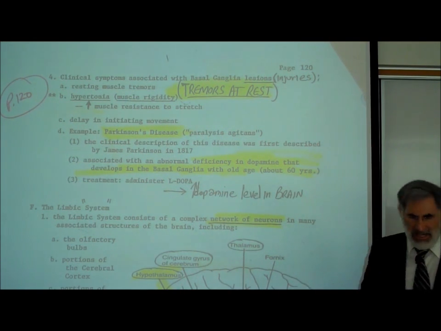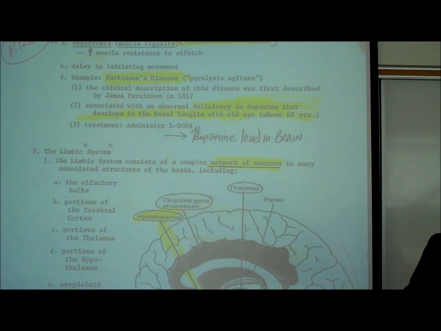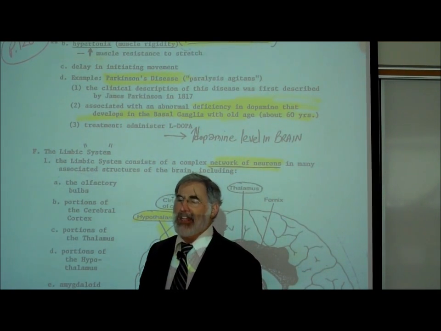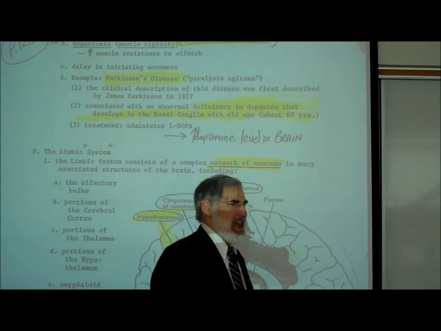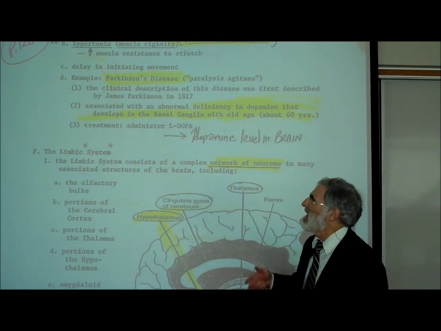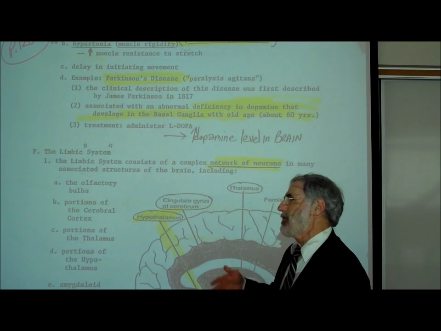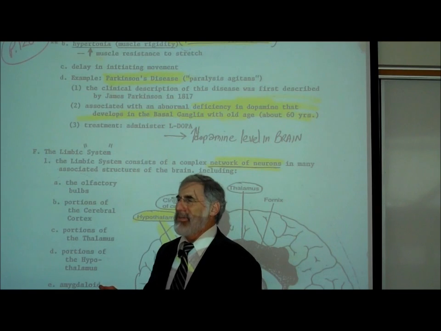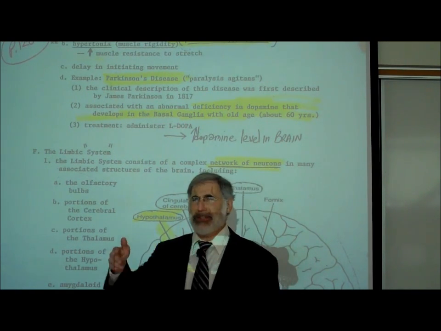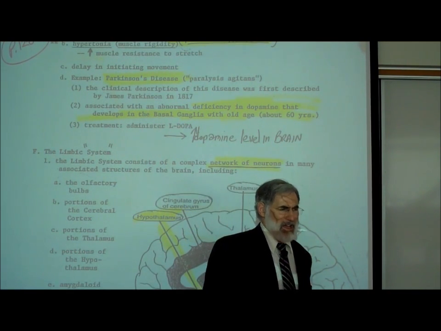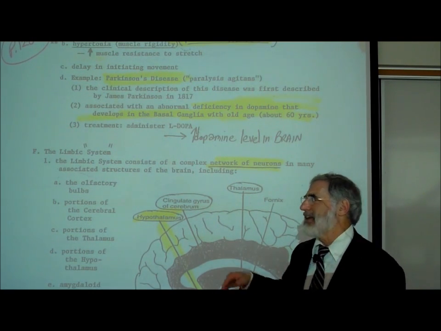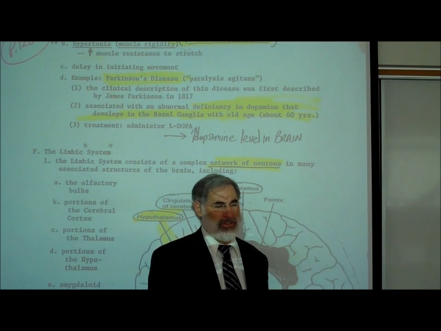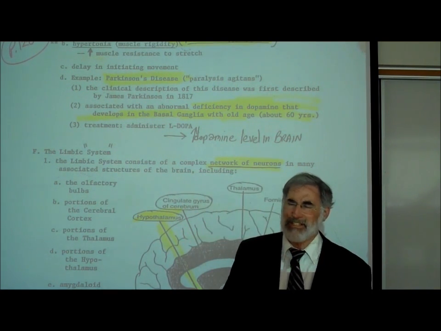It appears that underlying Parkinson's disease is a deficiency of the neurotransmitter dopamine. And dopamine is one of the neurotransmitters released by certain neurons in this area of the brain. Now, if you're wondering, isn't that an excitatory neurotransmitter? And didn't we just say that the basal ganglia or basal nuclei normally exert an inhibitory action on the somatic motor neurons to the skeletal muscles?